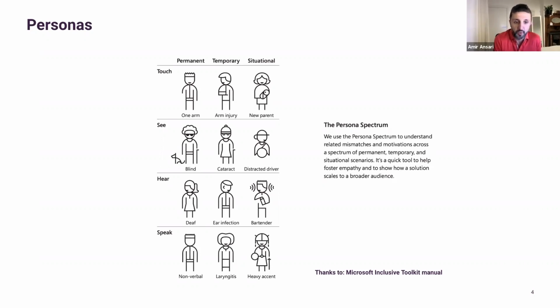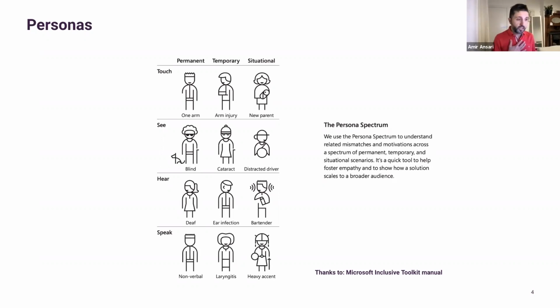Okay, it's not someone in a wheelchair. It's not someone with a guide dog. It could be a mother holding a child in her arms. Could be someone who's about to have a cataract operation. Could be someone who's got an ear infection or is working at a bar. So whenever we talk about accessibility, just think to yourself, it could be permanent, it could be temporary, or it could be situational.